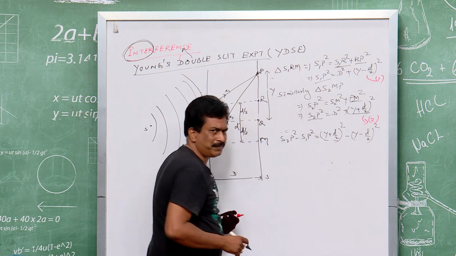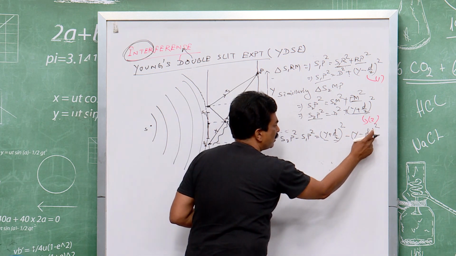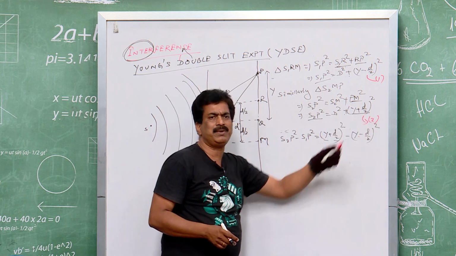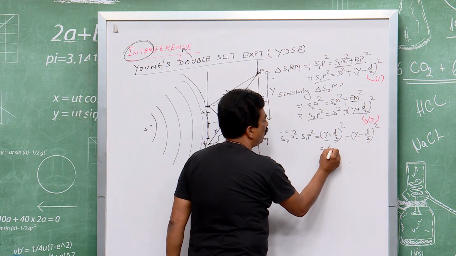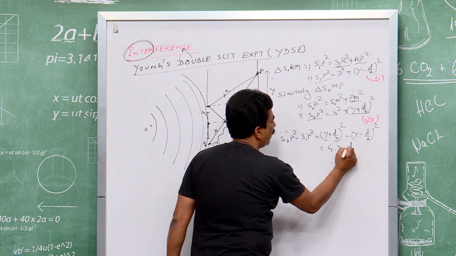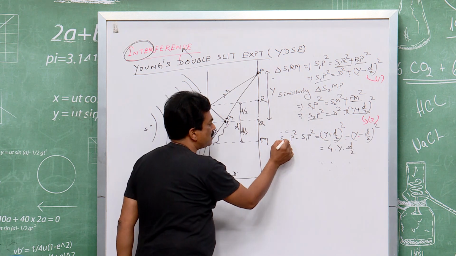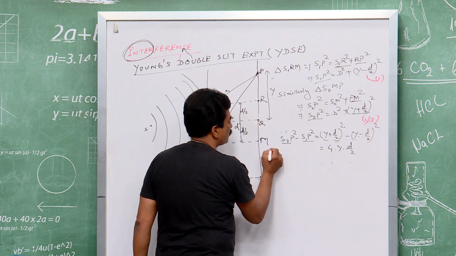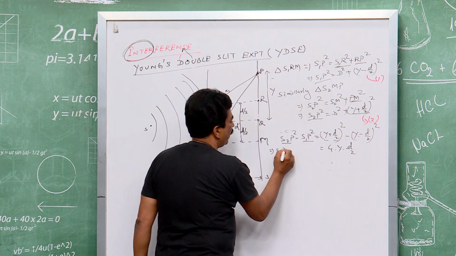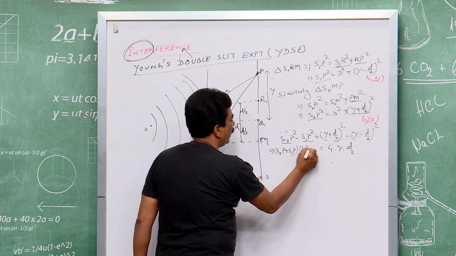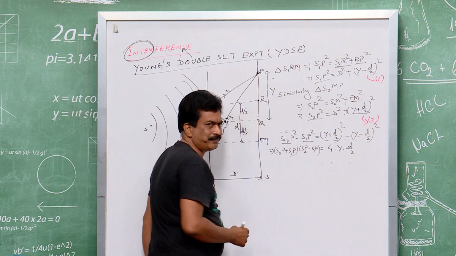This is A plus B whole square, this is A minus B whole square. A plus B whole square minus A minus B whole square is equal to 4AB, where A is Y and B is D by 2. And this is equal to the A square minus B square form, meaning A plus B into A minus B.